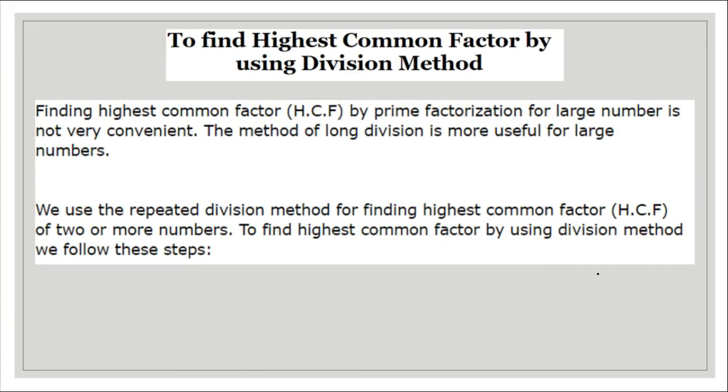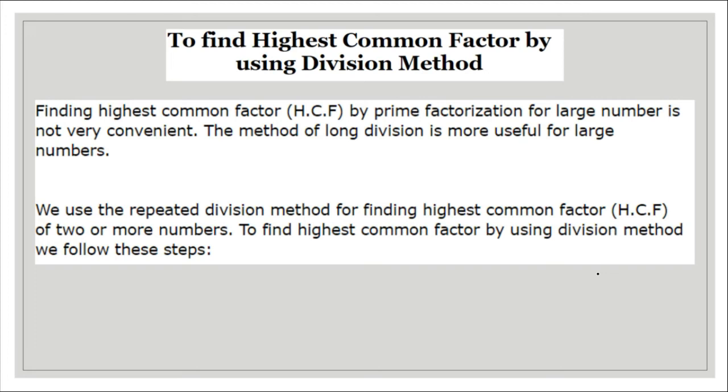Finding the highest common factor by prime factorization for large numbers is not convenient, because it takes a lot of time. The method of long division is more helpful for large numbers. We use the repeated division method for finding the highest common factor of 2 or more numbers.